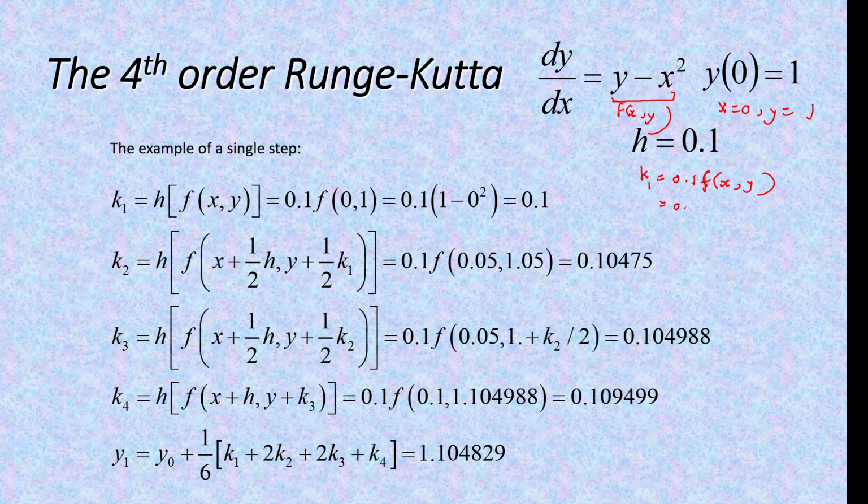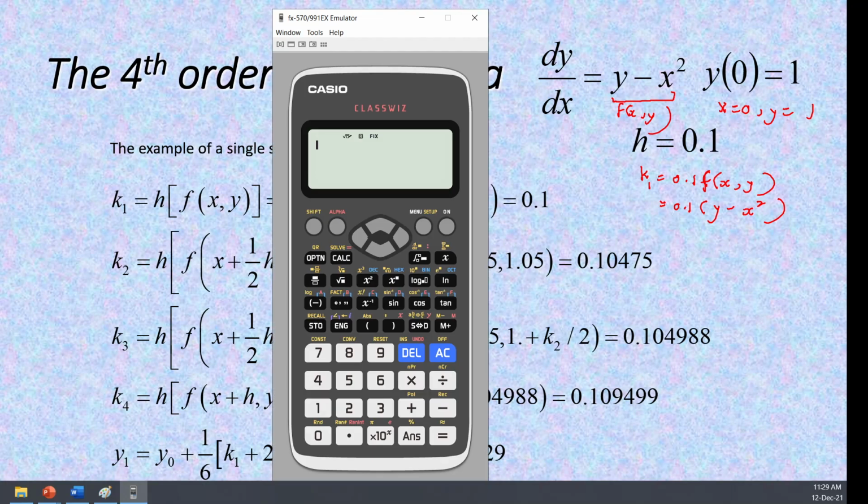So you have 0.1 times the bracket y minus x squared. So we key the k1 formula into the calculator first.